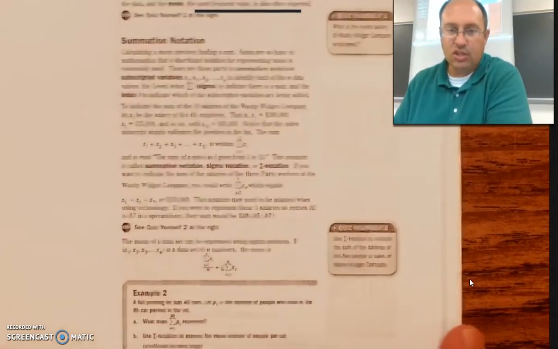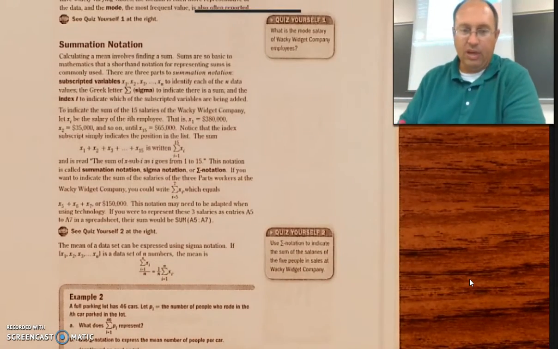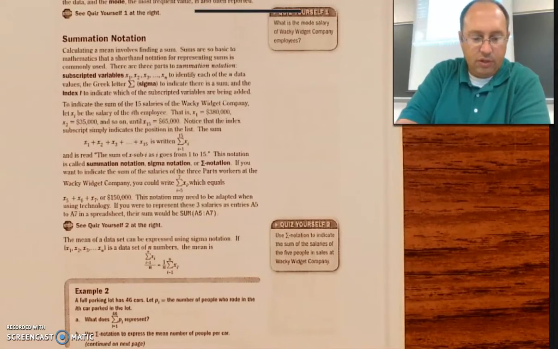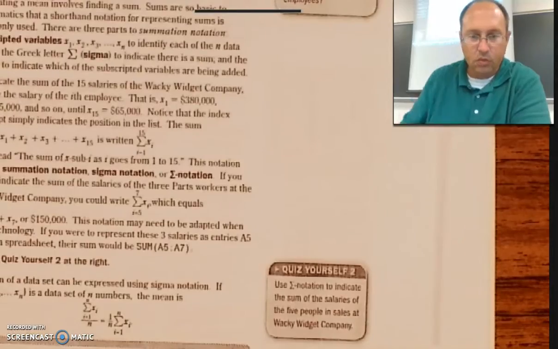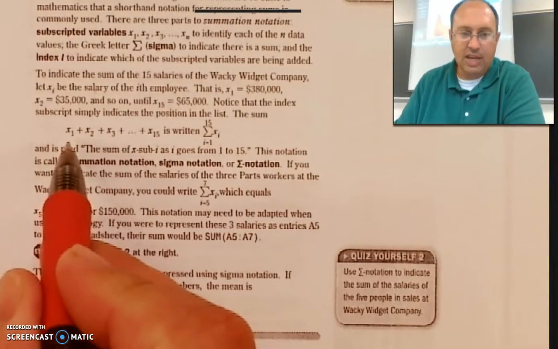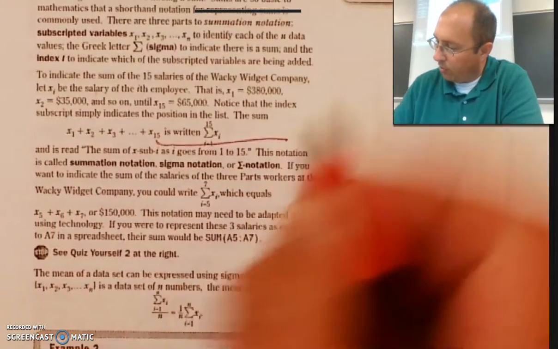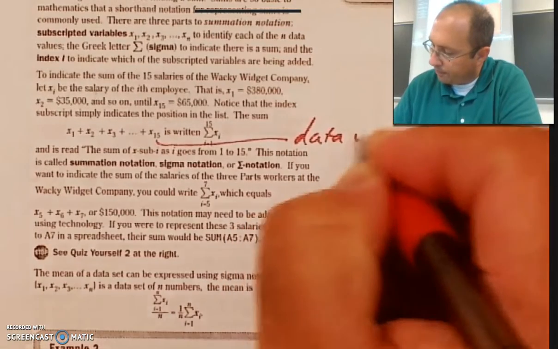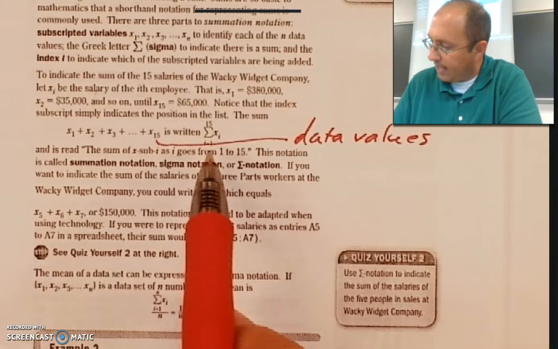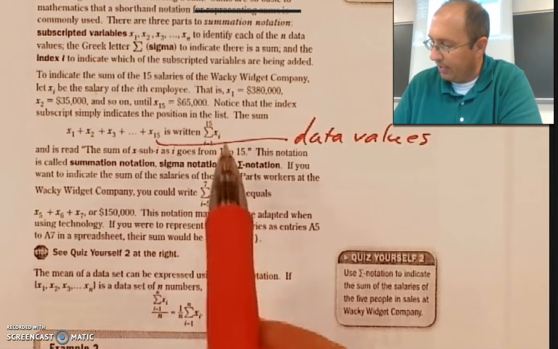Summation notation, just to kind of remind you about that. The big capital Greek letter sigma. If we want to add up a bunch of data values, x1, x2, x3, x4, these all represent data values, then we can say as i goes from 1 to 15 of x sub i.